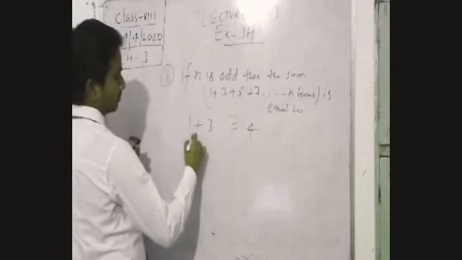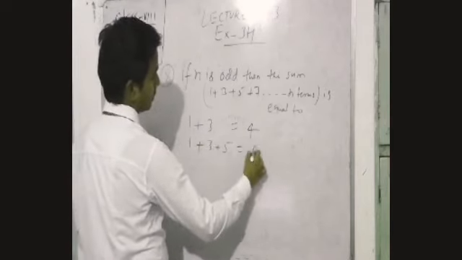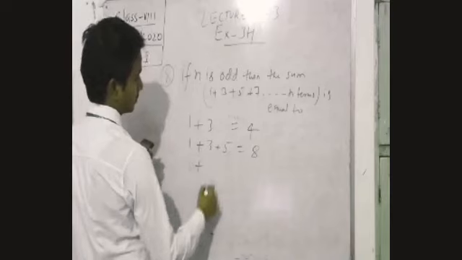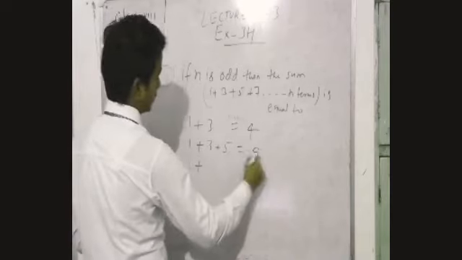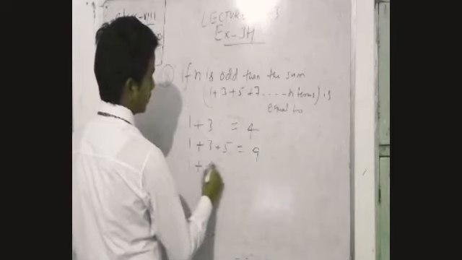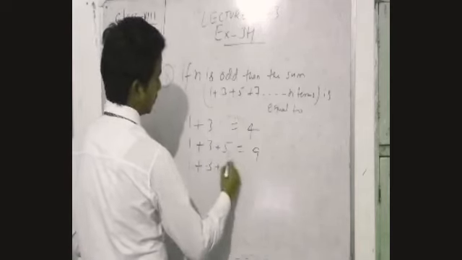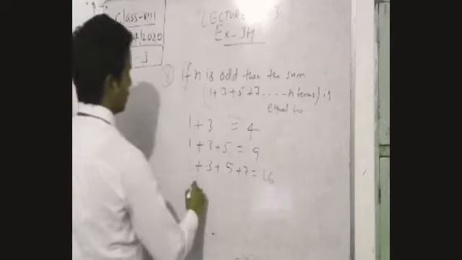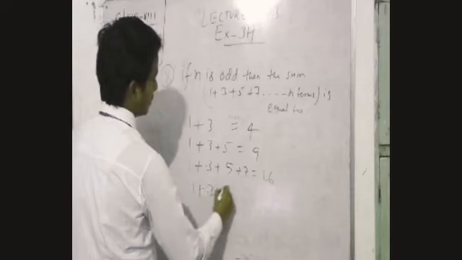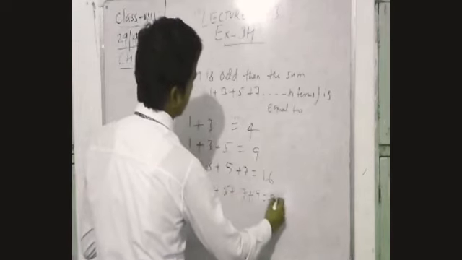Up to 3 terms, what is the sum? 9. Up to 4 terms, 1 plus 3 plus 5 plus 7, you will get 16. Up to 5 terms, 1 plus 3 plus 5 plus 7 plus 9 will be equal to 25.